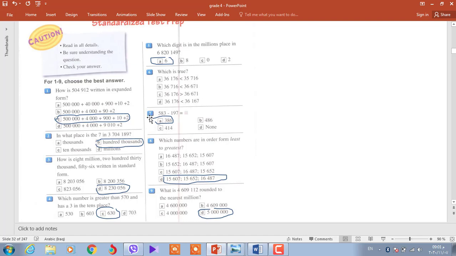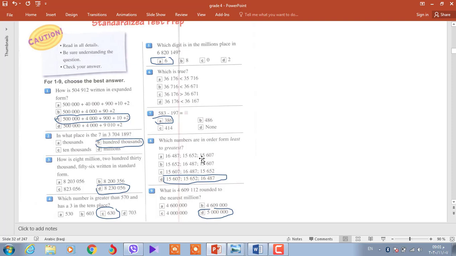In question 7, 583 minus 197. If we subtract, equal to 386. In question 8, which numbers are in order from least to greatest? We have 16,487, 15,652, 15,607. This one is not ordered from least to greatest, dear students.